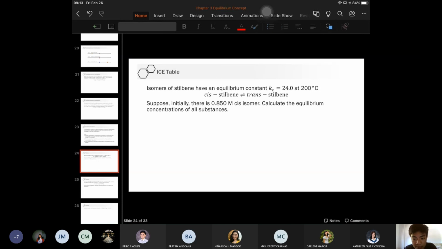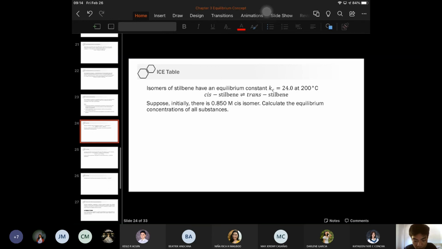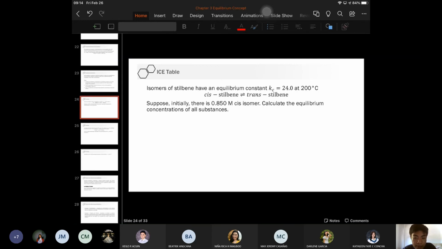I stands for the initial amounts, which will be stated in the problem. If the species isn't stated, then the initial concentration is automatically 0. The C stands for the changes. The change could be positive or negative depending on the direction of the reaction.